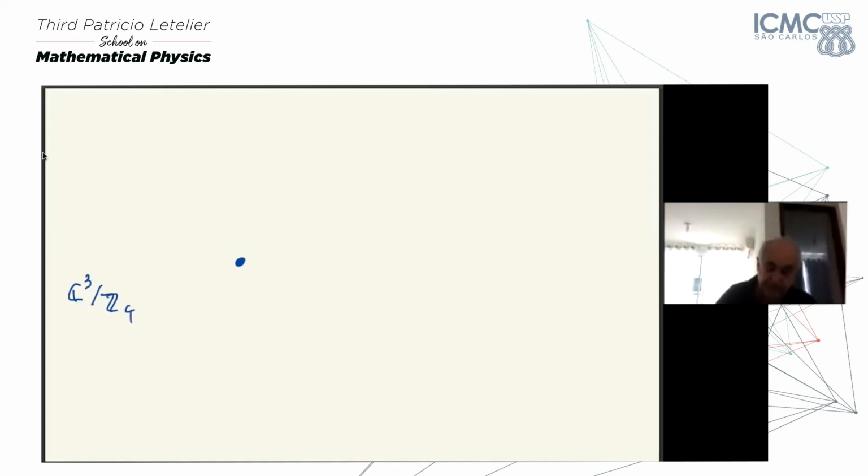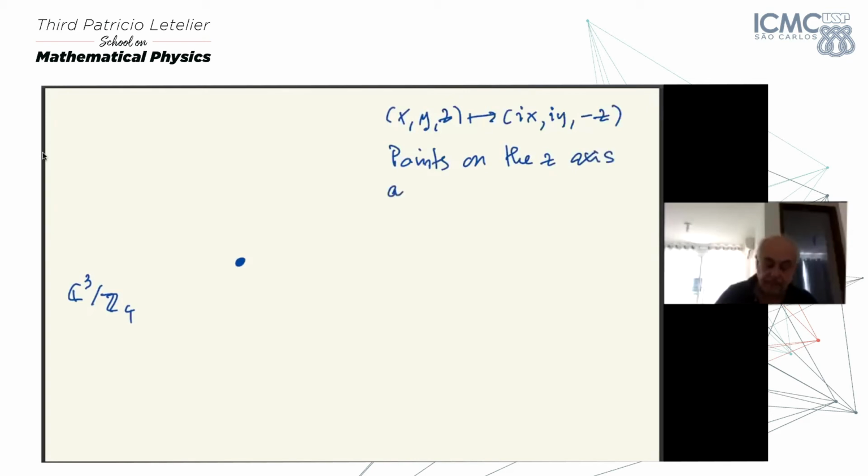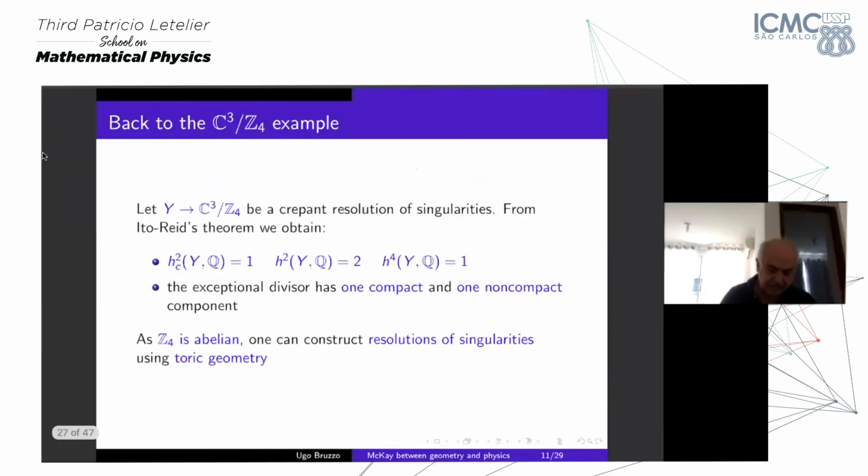But if you look at the action, which let me recall, sends the 3 coordinates x, y, z to ix, iy, minus z, points on the z-axis are invariant under a Z2 subgroup.